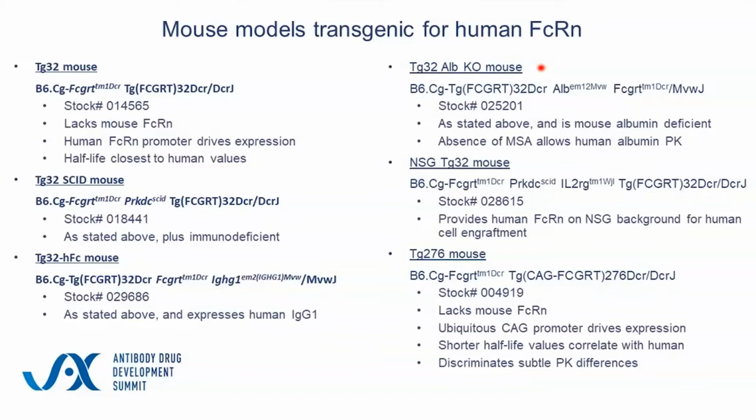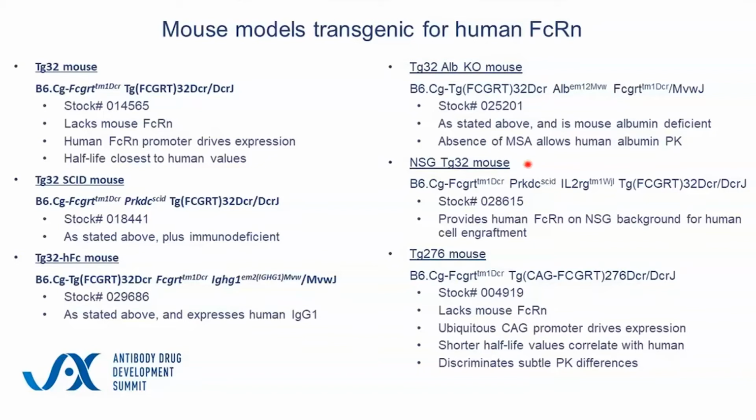So they're artificially accelerated in their clearance. And so by removing mouse albumin from the system, you then get a better estimate of the human PK that your therapeutic would yield if it's albumin-based. And again, I'll show data for that as well.